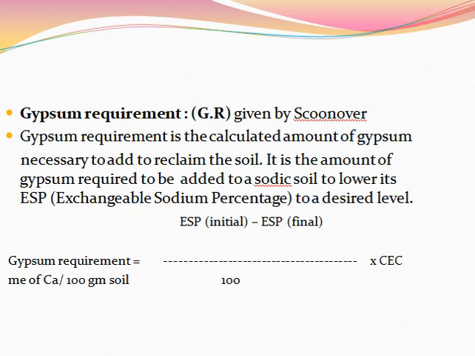It is the amount of gypsum required to be added to a sodic soil or alkali soil to lower its ESP, that is exchangeable sodium percentage, to a desired level. The formula for gypsum requirement is initial ESP minus final ESP, divided by 100, into CEC.